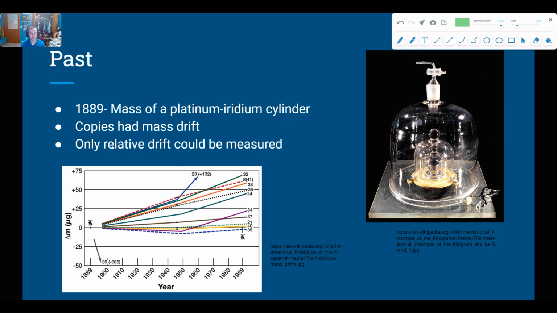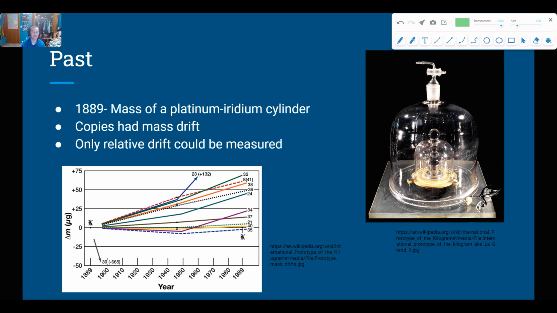Another problem is that only relative drift could be measured. Since this is the one true kilogram, whatever the mass of this thing is, is 1 kilogram. You can't tell whether this thing has gained or lost mass, because it is 1 kilogram.